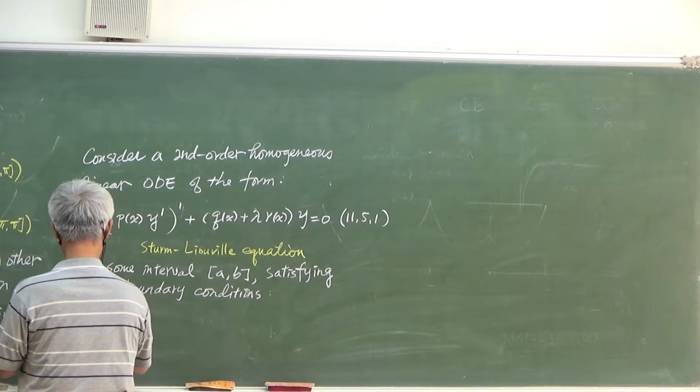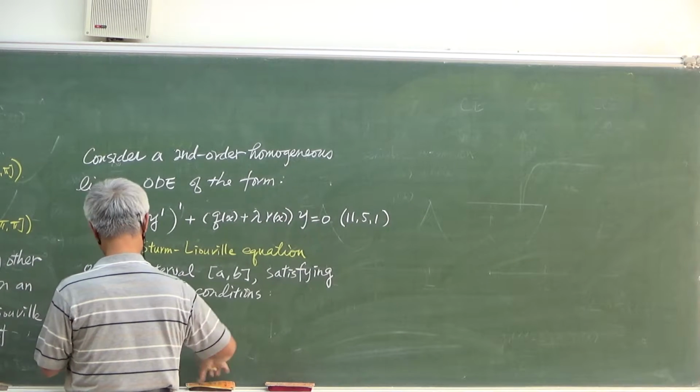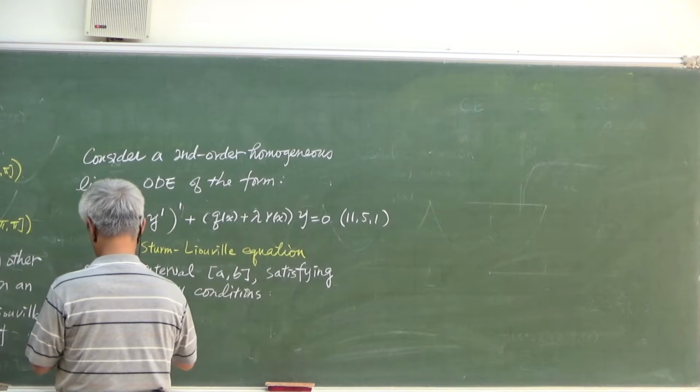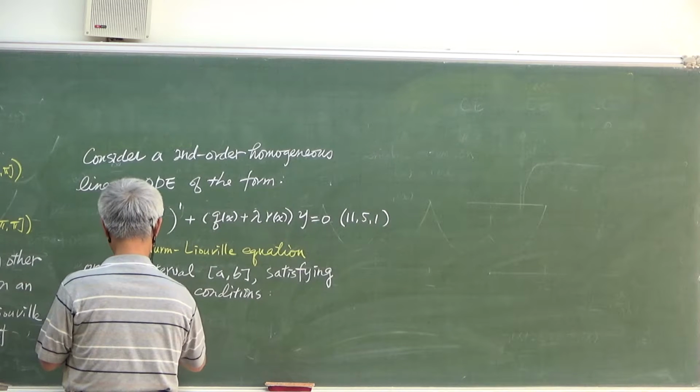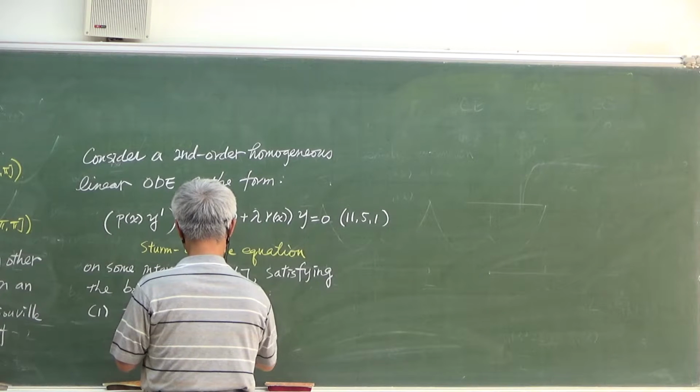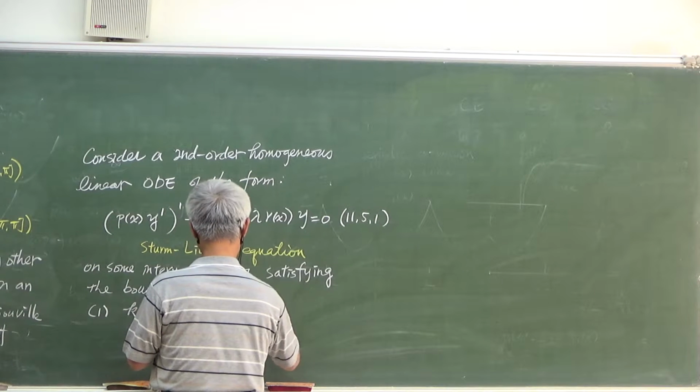So the first, let's say, k1 y(a) + k2 y'(a) = 0.